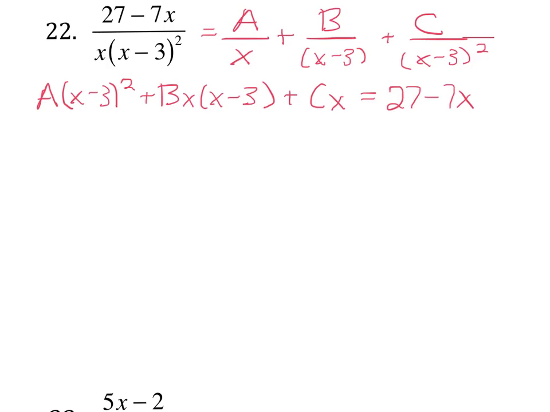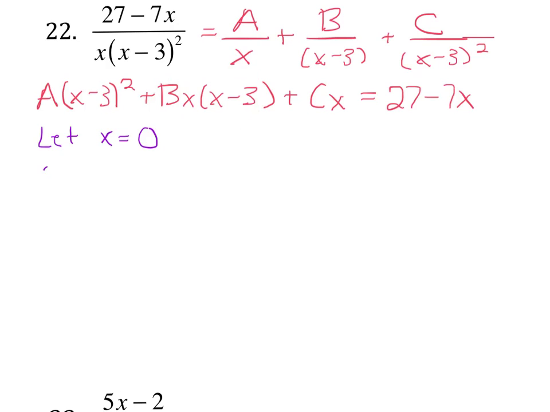So now I'm going to let x equal 0, and that will cancel out the c and the b, since it has an x there, and if I plug in 0, it'll just zero out.